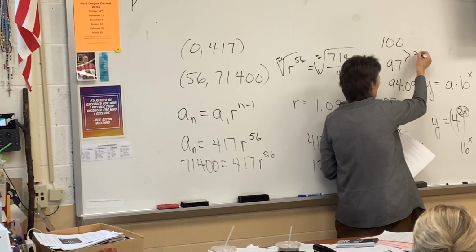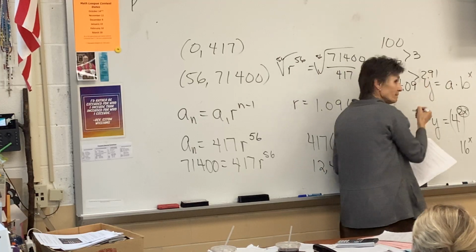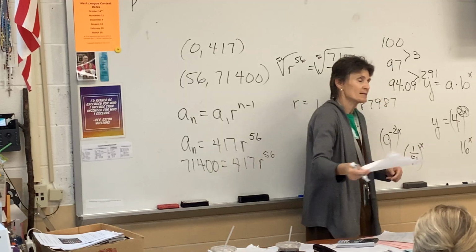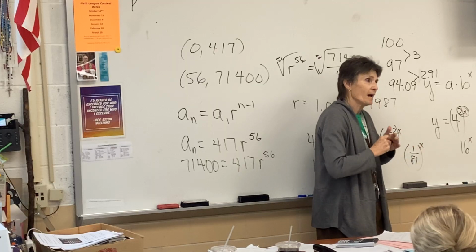Now, this went down by 3, this went down by 2.91, and the next one's going to be different. If any kind of percentage is involved, it's geometric, not arithmetic.